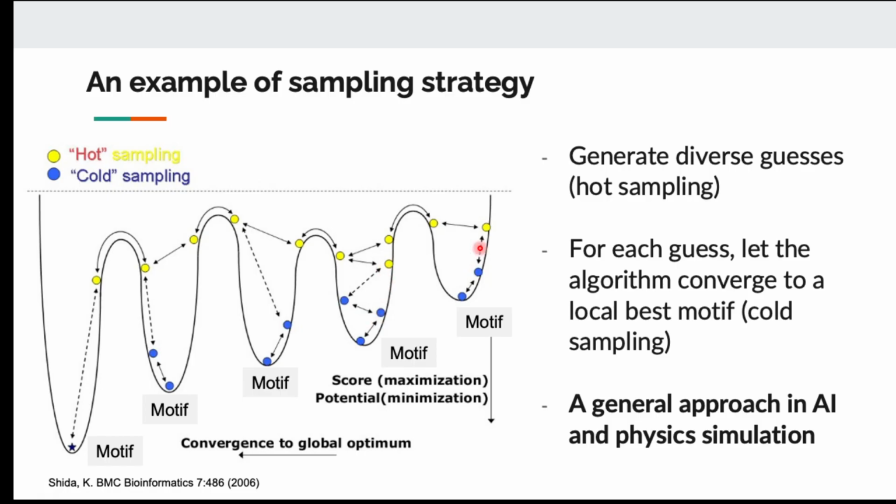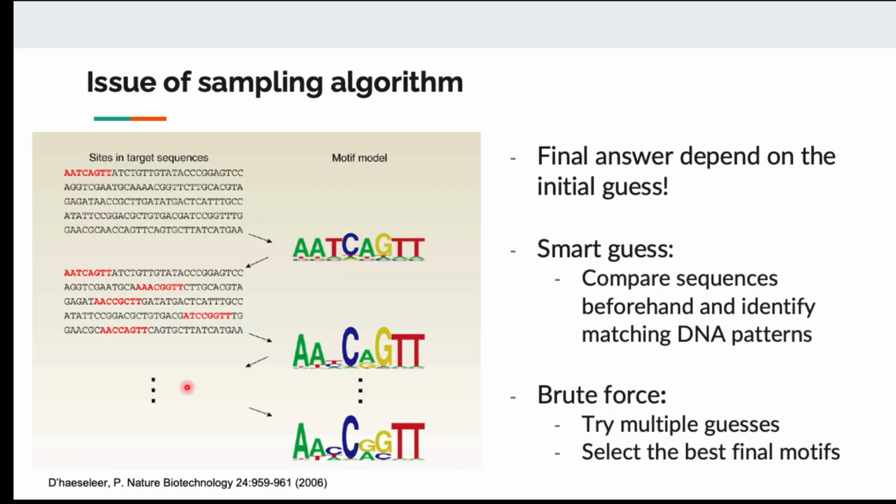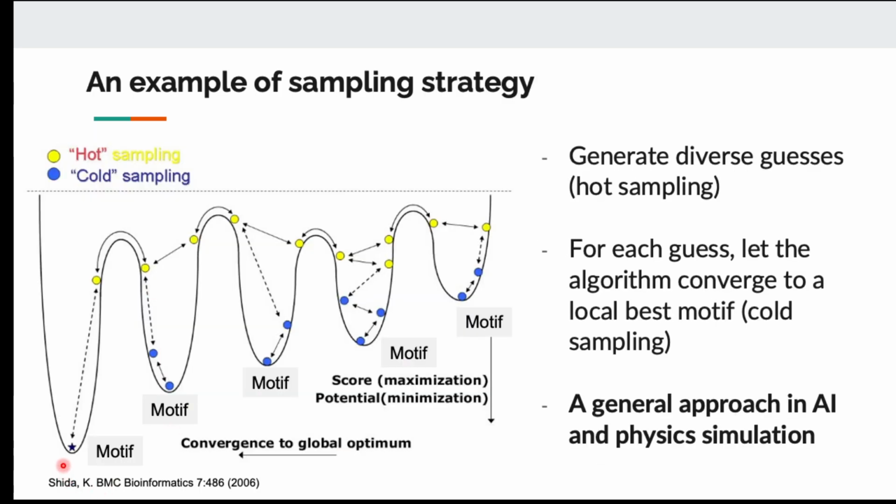We want to start from many different yellow motifs as initial guesses and run the algorithm multiple times. Each time you're going to converge to one motif, which might be different across runs. But if we can score each motif, if we can score how well it matches our ChIP-seq data, then we can pick the best one.